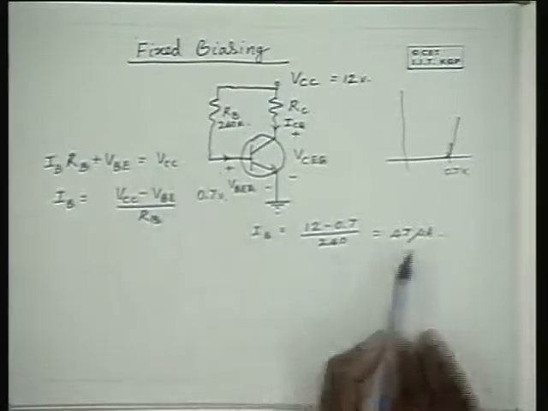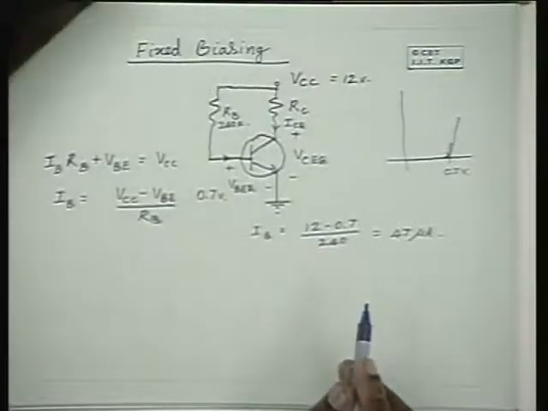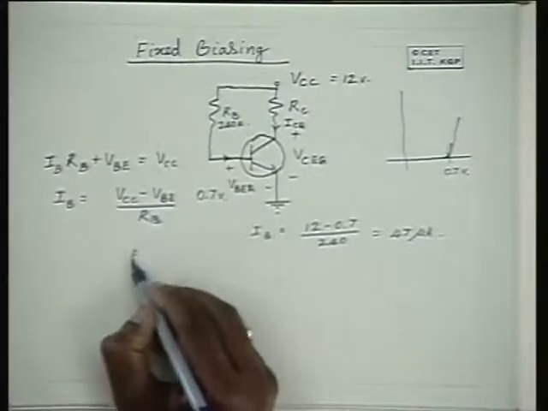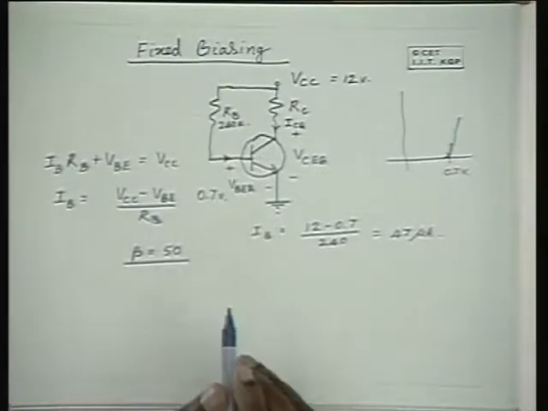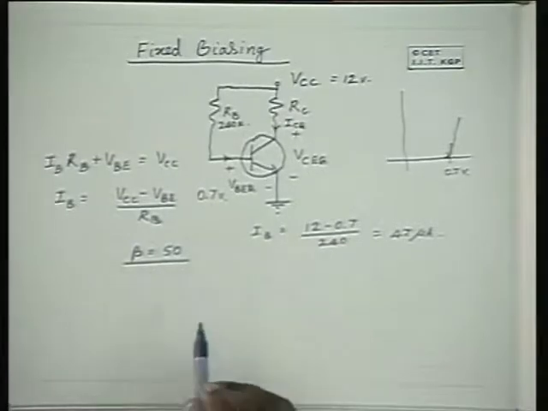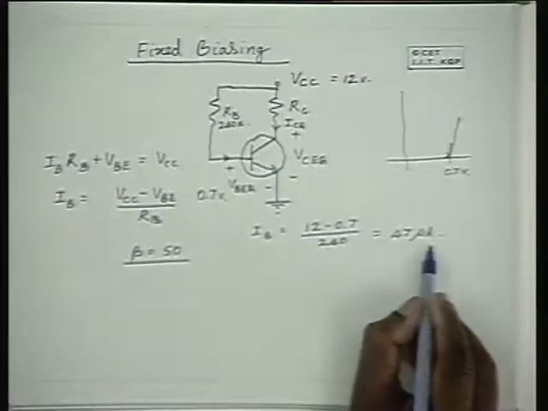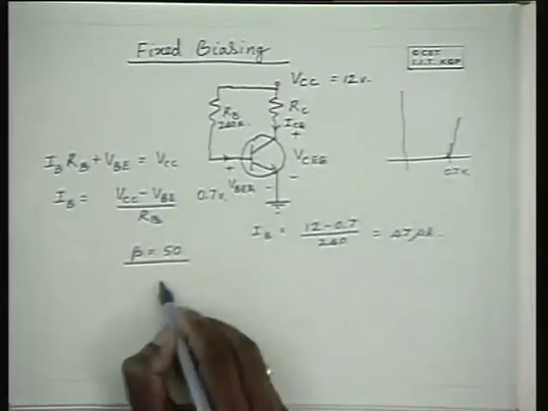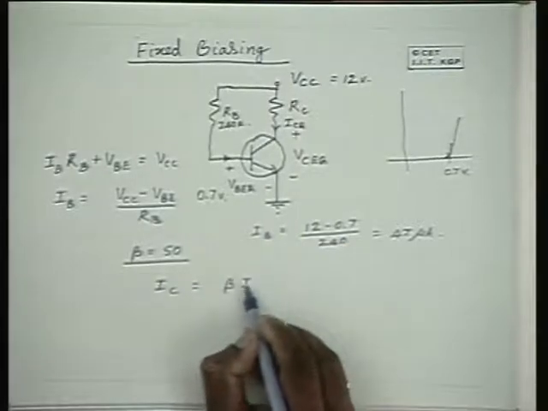So this is as far as IB is concerned. Now if beta is given as 50 for this particular transistor, that is known and it is specified by the manufacturer, and when beta is equal to 50 for the transistor and with IB equal to 47 microamperes, collector current is known to be beta IB.